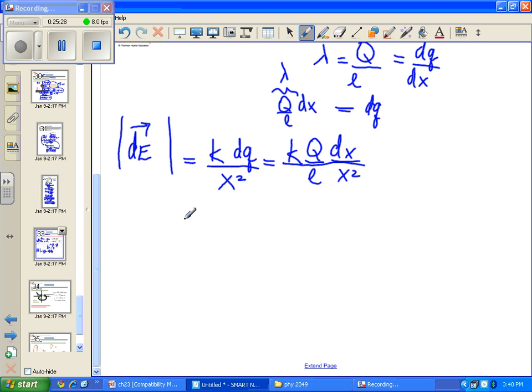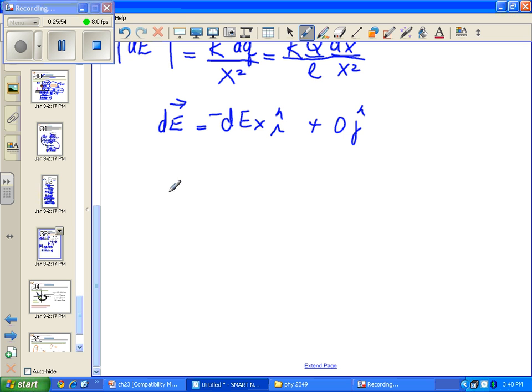All right, so now I am ready to look at the components of dE. Well, dE is going to have only an x component, and it will be negative since it points in the negative x direction. It will have no y component, so I don't even need to worry about j hat.